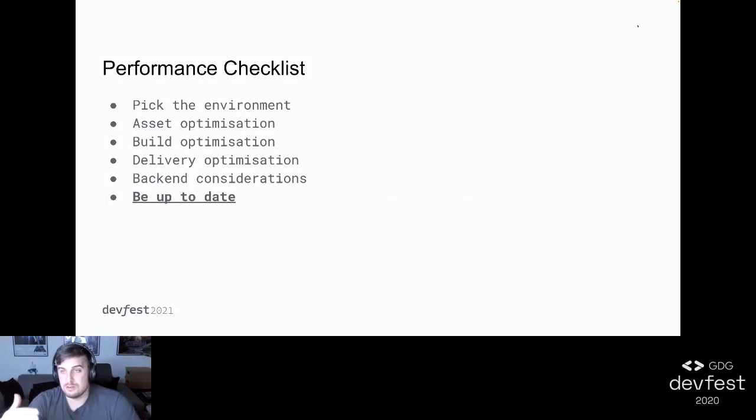There's also the backend. Do you use HTTPS? Which compression mechanism you use? Do you use Brotli? Do you use gzip? Do you use HTTP3, which is one of the latest initiatives on the web? But most importantly, and I have that sort of underlined, you need to be up to date.